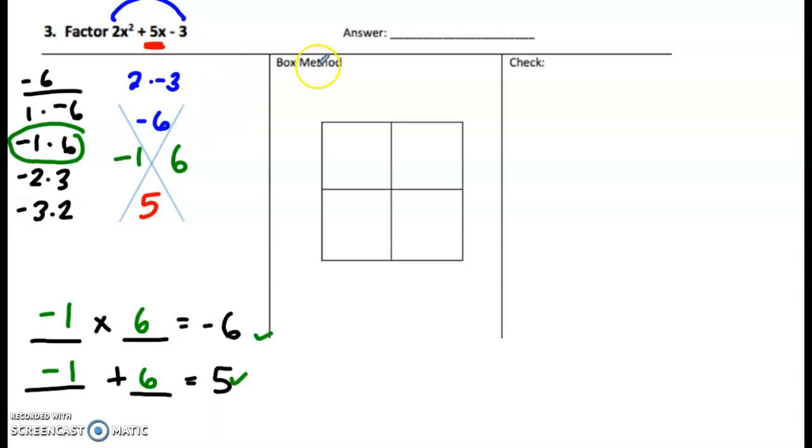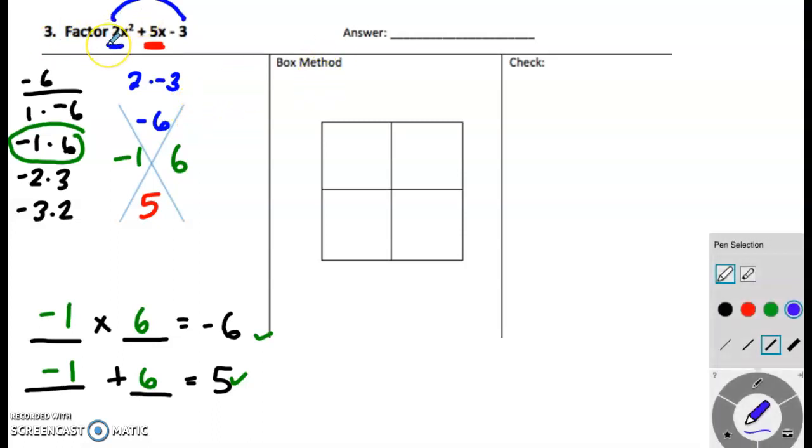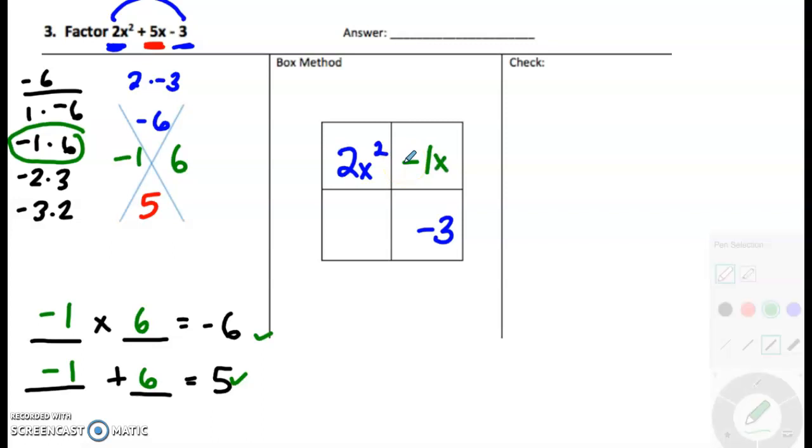So how to make all of this fit in our box? Remember, the 2x squared always goes in the first spot. The -3 always goes in the last spot. These two numbers I just came up with is how I fill in the diagonal here. So then I go through.